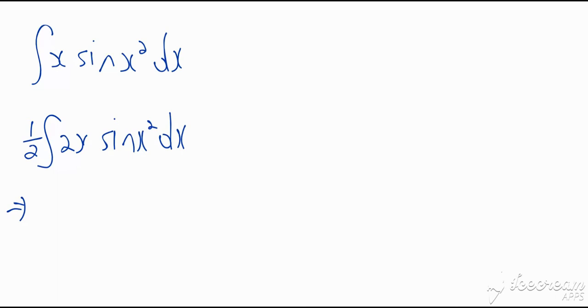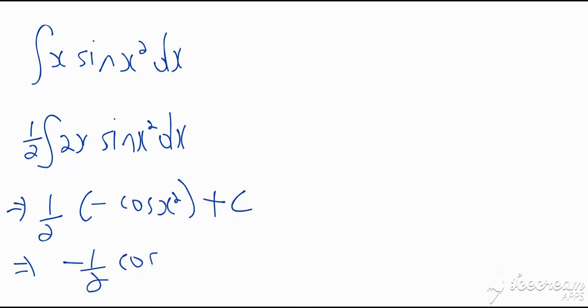So you simply ignore all those functions and you integrate the sine. When I integrate sine, I get negative cos. So we put back the half here, and I'm going to end up with negative cos. We put back the function, which is x squared there. So this becomes, and of course, plus your constant of integration, negative a half cos x squared plus c.